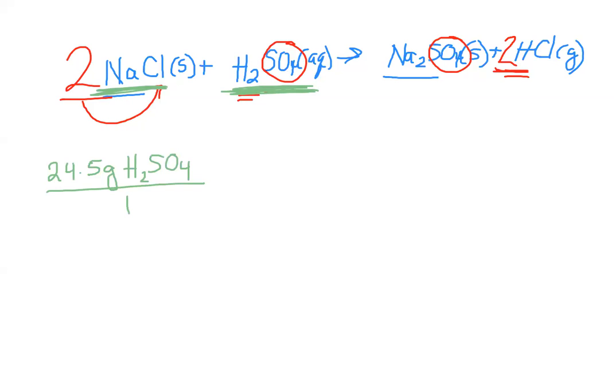And 15.5 grams of hydrochloric acid, HCl, is produced. So this is what we're dealing with on the product side. So that means we're going to change these grams, 24.5 grams of H2SO4, to grams of HCl. So we're going to put these units on the bottom.